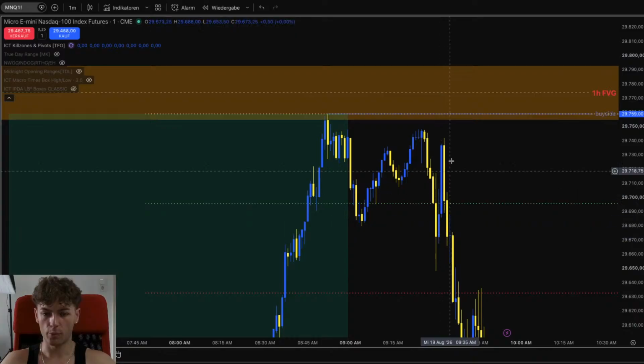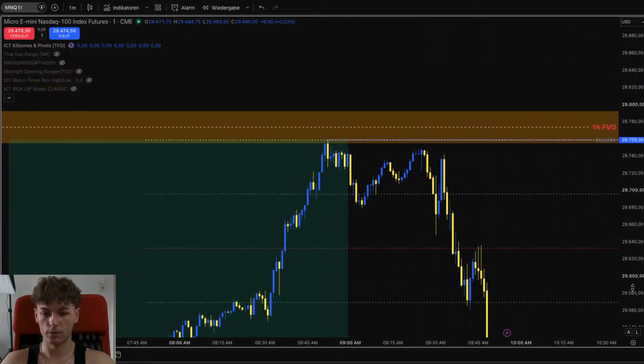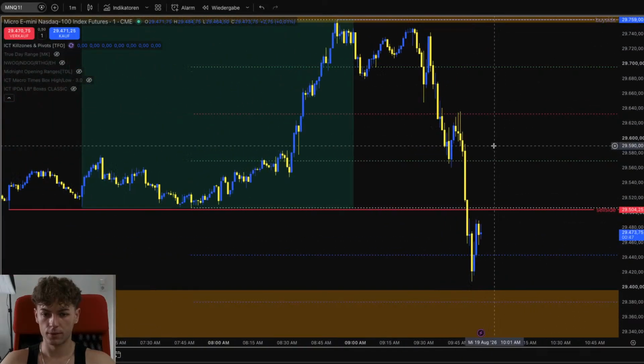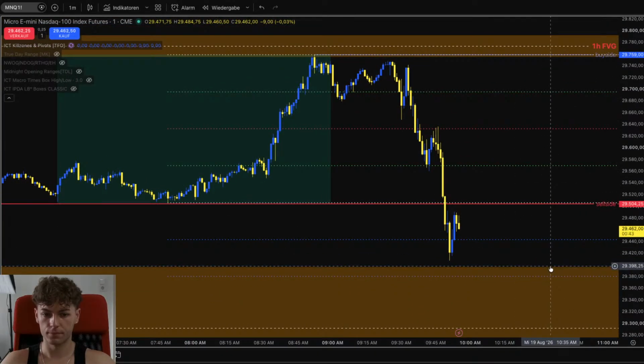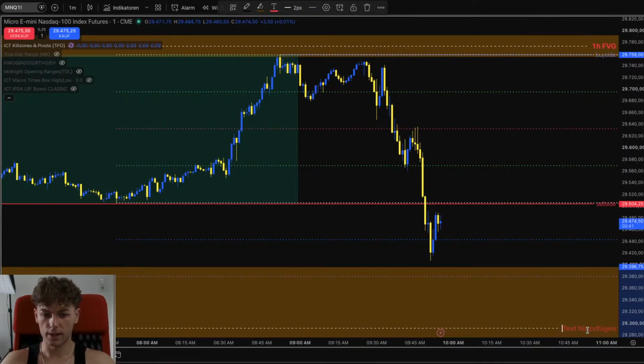And then 9:30 opening did not even come back above this high. Used this fair value gap and went down lower. Okay. Orange is the daily inversion fair value gap.